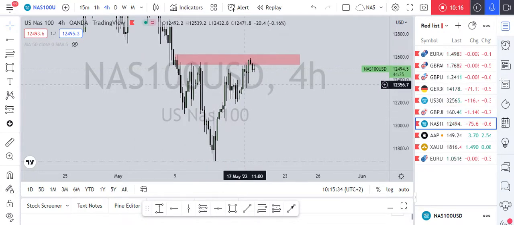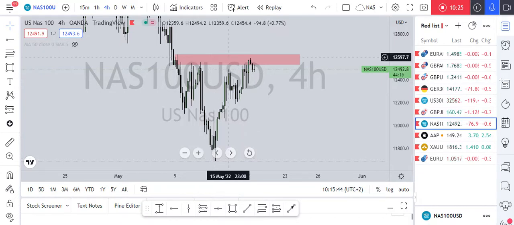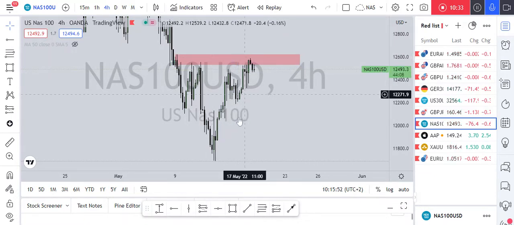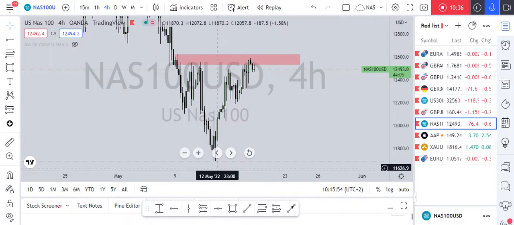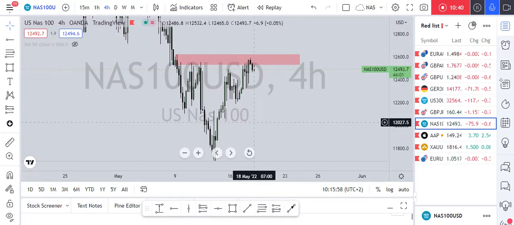Look at the low, right? It's made an impulsive move with a lower high, impulsive move with a lower low. Came back up, maintained this lower high, and then it broke the lower high, creating a new high. Also, as you can see, impulsive move, corrective move above the recent low, creating a bearish uptrend, right?